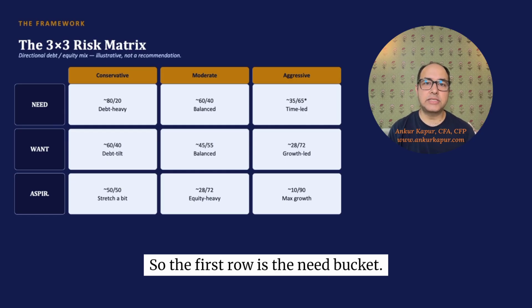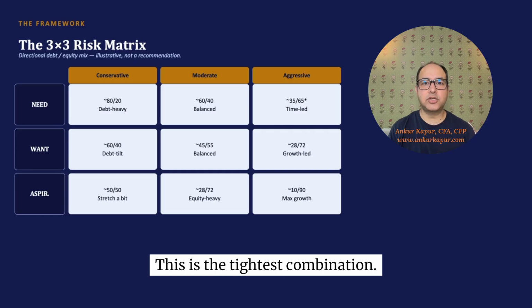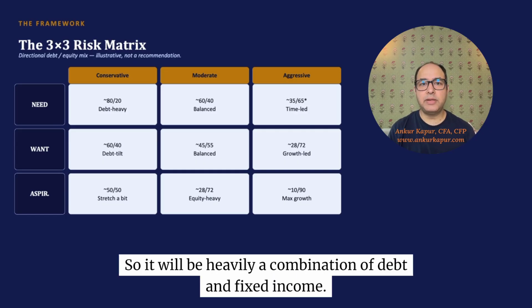So the first row is the need bucket. The first box is the need and conservative investor box. This is the tightest combination. So it will be heavily a combination of debt and fixed income.